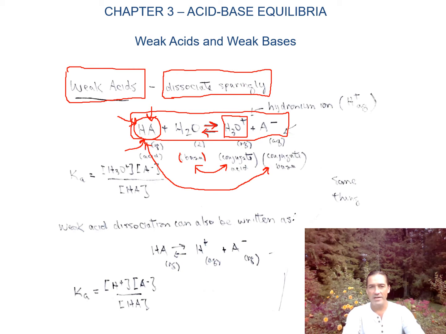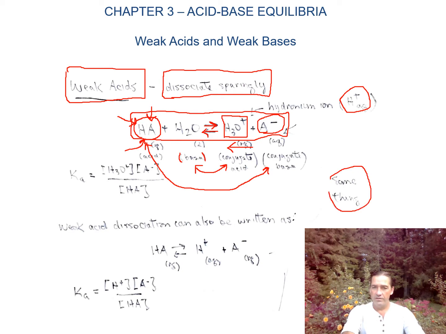And so this is a base, and depending upon the shift in this equilibrium, we may shift this way and make the weak acid again if we added, say, some H plus to solution. And just note, if you've never seen the hydronium ion, it's just aqueous H plus. So it's water plus a hydrogen ion attached. So they are the same thing.